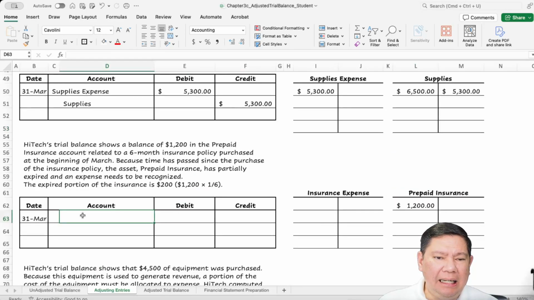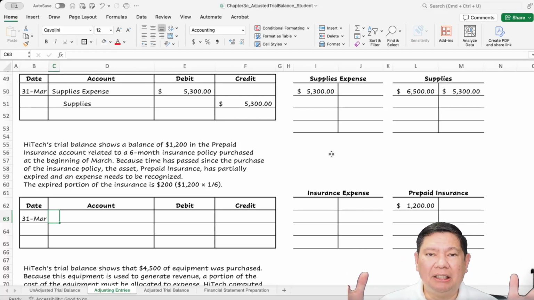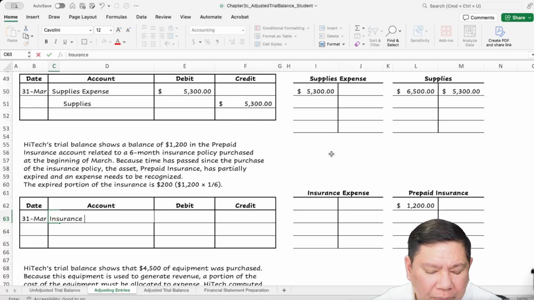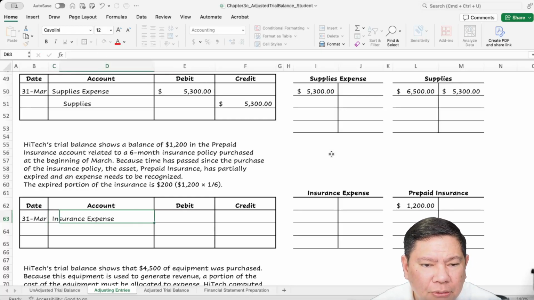Next is the prepaid insurance, $1,200 that we paid for 6 months. That means $200 per month. Now, by the end of March, we have been covered by that insurance company for 1 month. That portion is expired. We still have 5 months left, but the March portion is expired, and we have to recognize insurance expense for 1 month, which is 200.